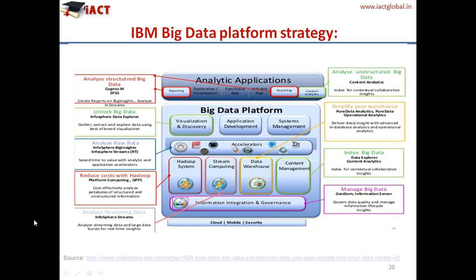This particular product that IBM has helps to analyze and correlate information as it arrives from thousands of data stream sources, and it can analyze data in motion and extend the value of existing systems as well. So it is helpful in analyzing streaming data. InfoSphere Streams is the advanced analytic platform that is used for that purpose.